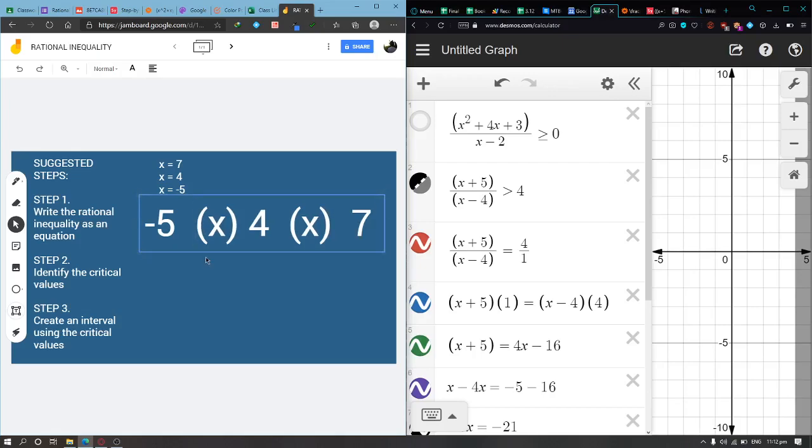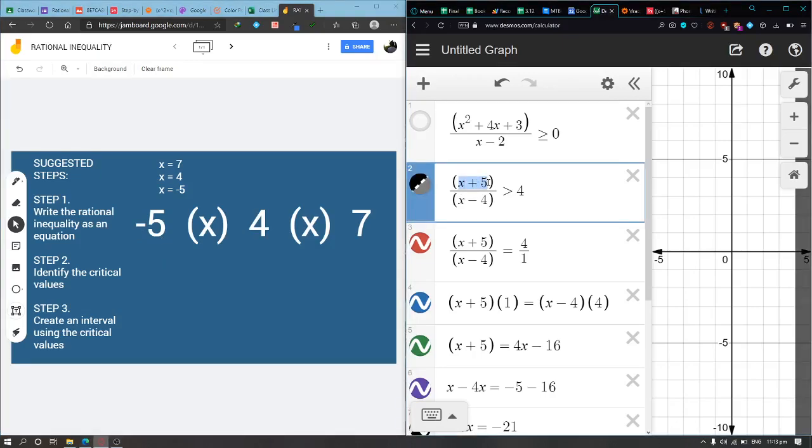Okay, let's try to solve this problem. After gathering those values, let's substitute any given number. Let's try any value less than negative 5. Since our critical point is negative 5, from here x plus 5 is equal to 0.